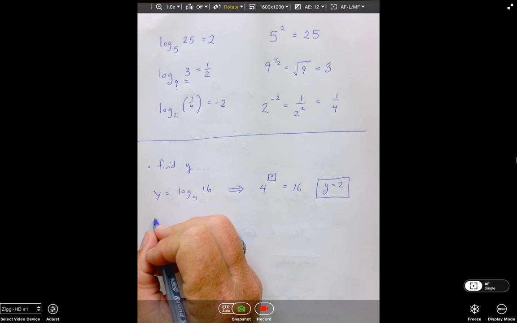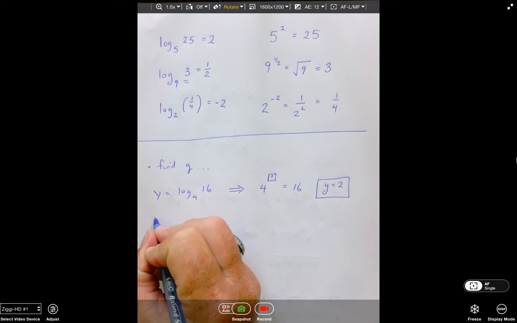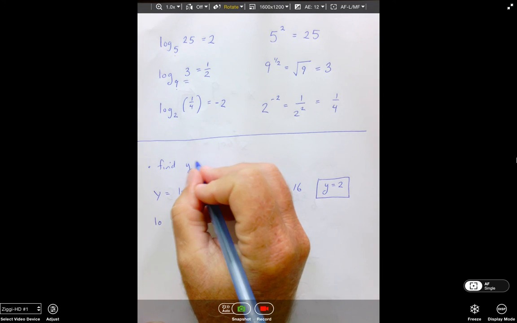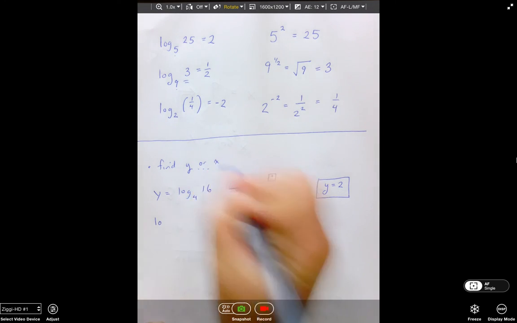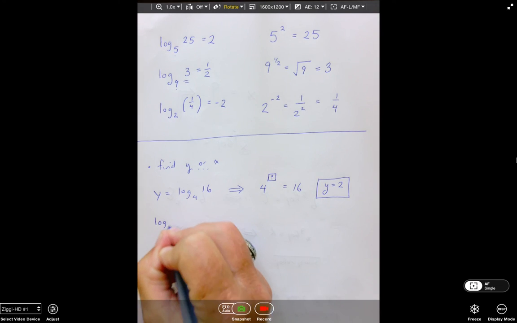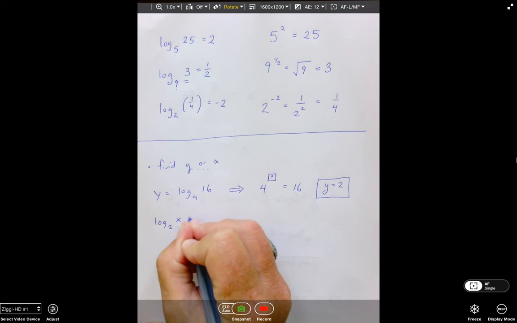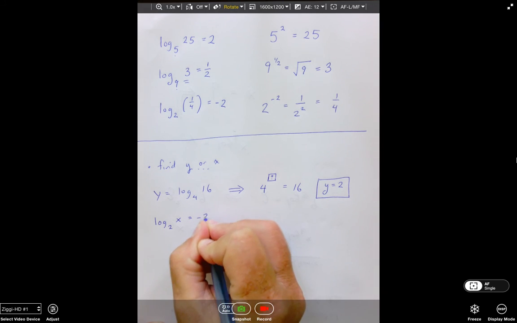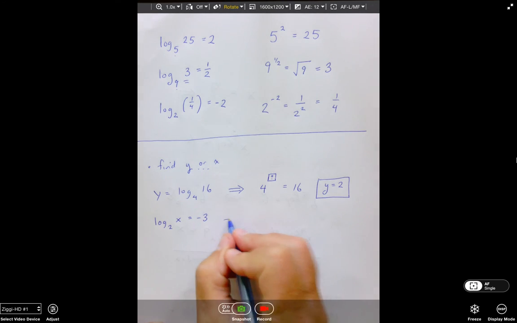Let's find y or x. Let's go log base 2 of x equals -3. So what's that telling us?